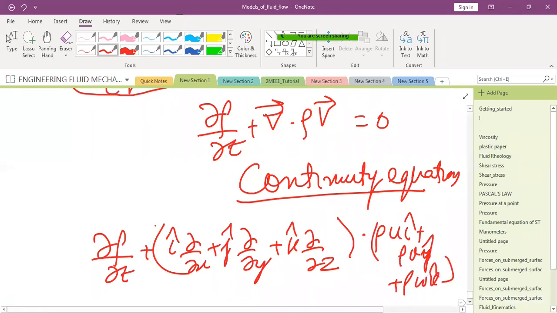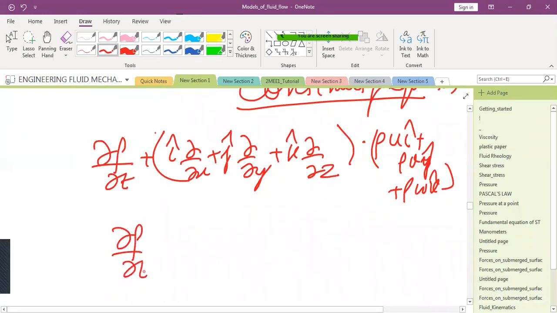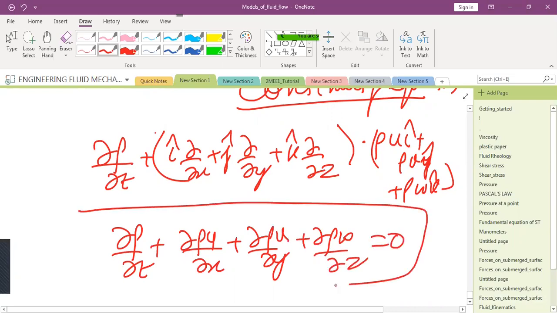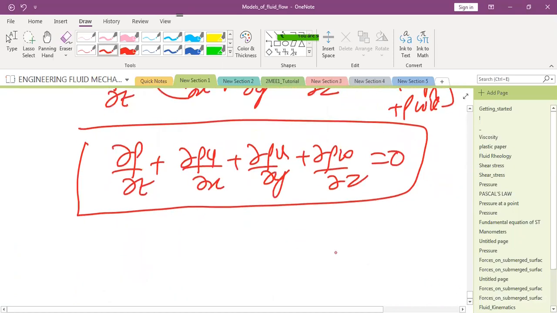So you get finally curly rho by curly t plus curly rho u by curly x plus curly rho v by curly y plus curly rho w by curly z equal to 0. So this is the continuity equation, the conservation of mass equation expressed in differential form.